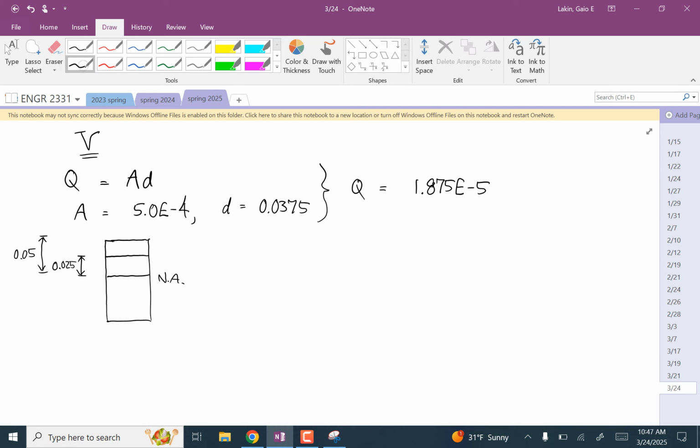And then the distance is to the centroid of all the stuff above. This last distance is half of that height, so 0.0125.